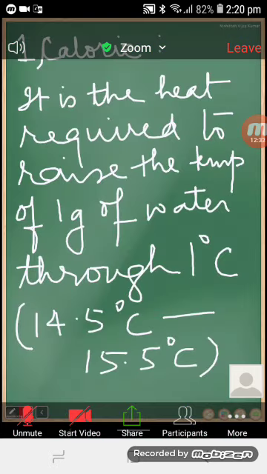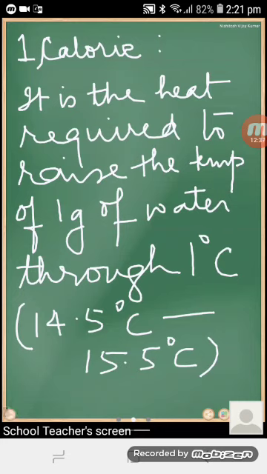So 14.5 to 15.5 has been considered because at the different temperature ranges, it was found that during this temperature range, the variation in the amount of heat which has been absorbed is minimum. Now what do I mean by variation?